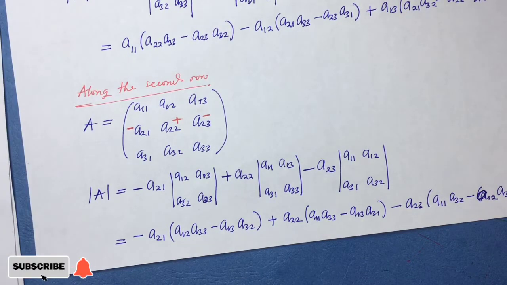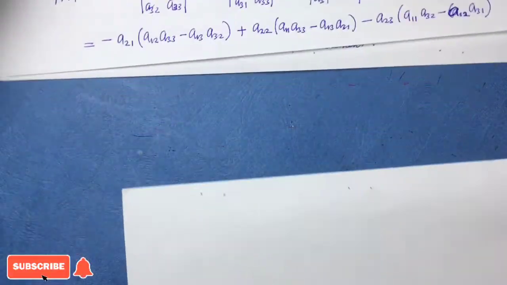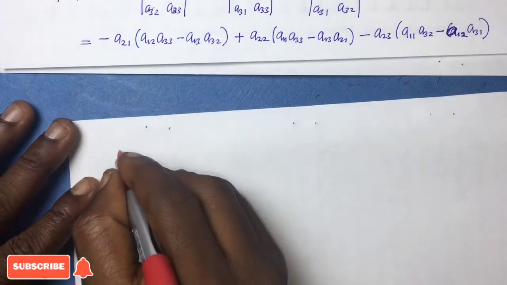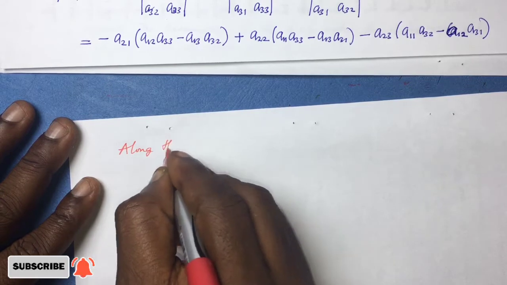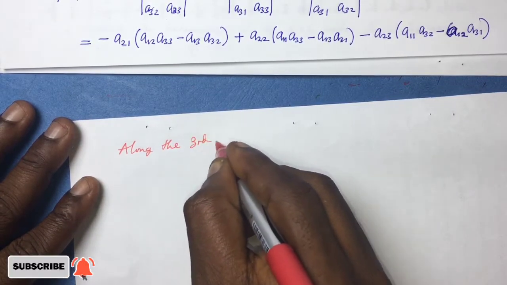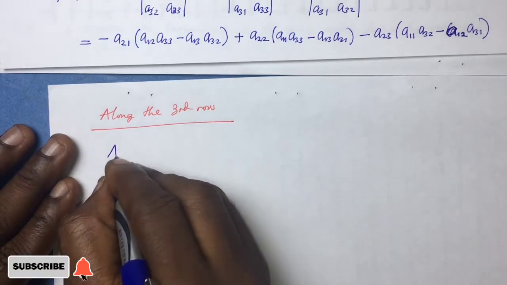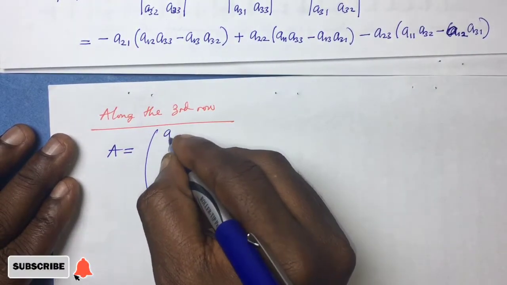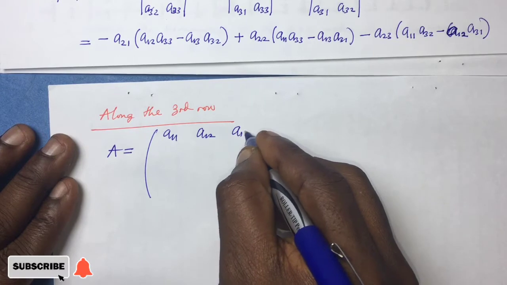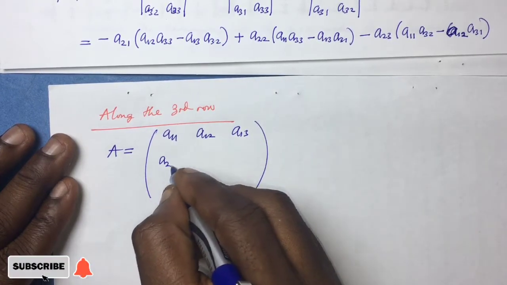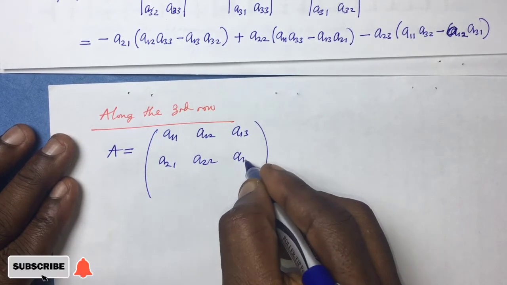Now, if you want to obtain the determinant along the third row, you can follow the same procedure. Along the third row, if you were to obtain the determinant along the third row, let's bring the matrix again. A, this is A11, A12, A13. This is A21, A22, A23.